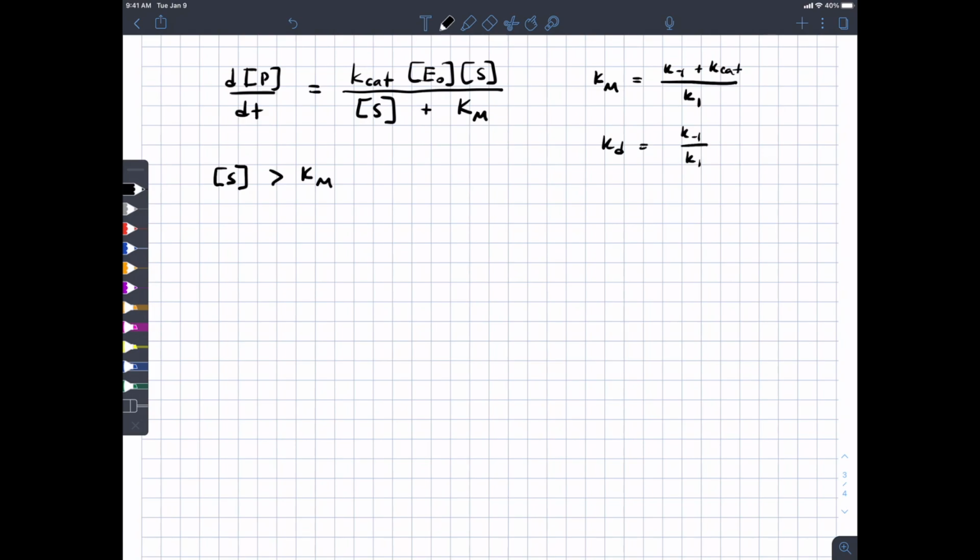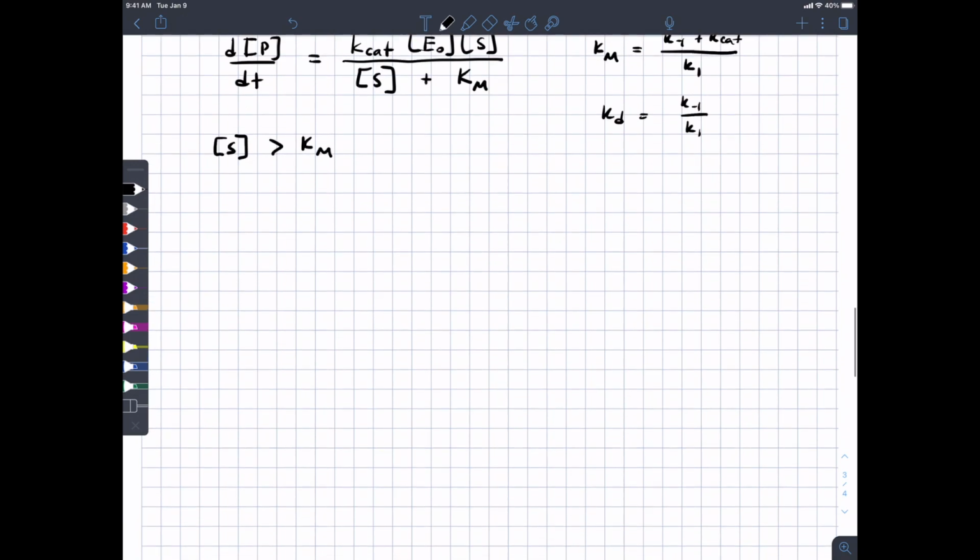Well, if substrate concentration is greater than Km, that probably means that equilibrium is favoring the enzyme substrate complex; it is probably more stable than enzyme and substrate separated.